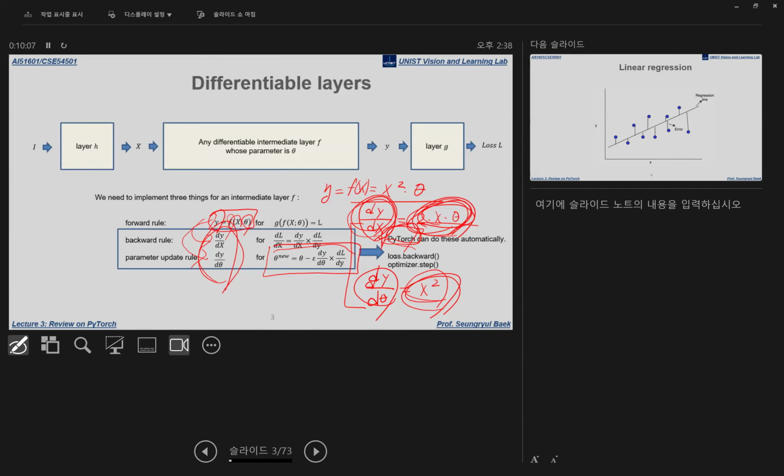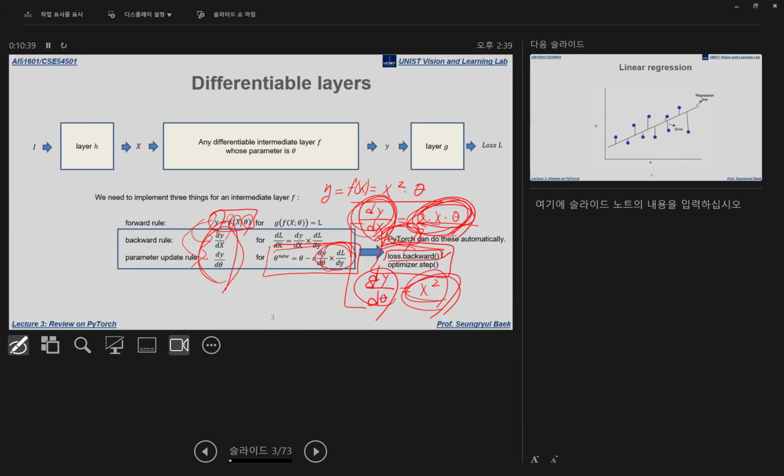Instead, what we have to do is just call these two lines of code to automatically calculate the gradient values for all the nodes inside the deep architecture. I will explain that further in a later slide. But when you call loss.backward, all the nodes' gradients are automatically calculated.